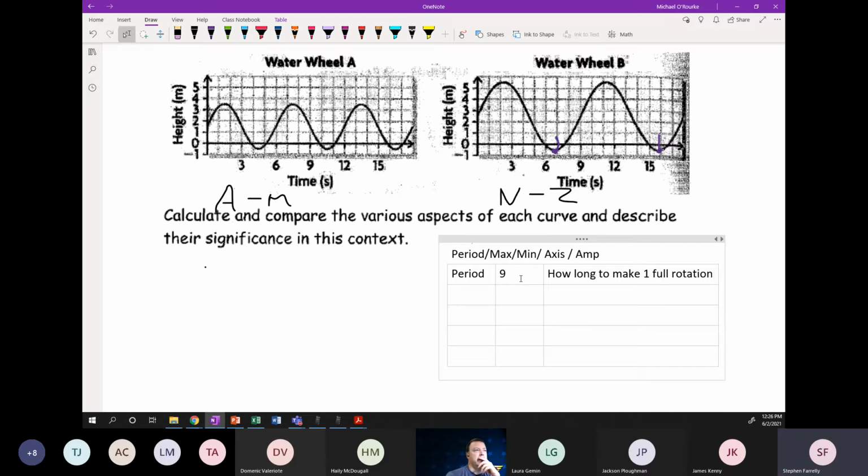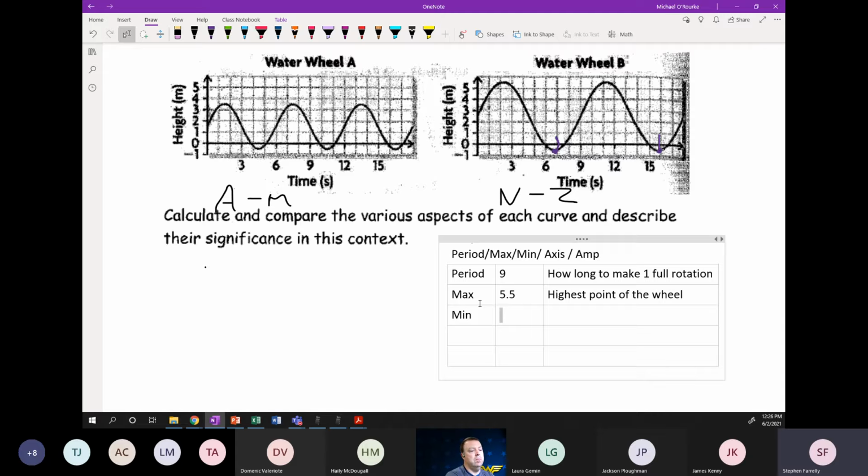Okay. Perfect. Like, what's our max? Our max should be 5.5. Good. And what would that mean? That would mean that's the highest point the wheel would go. Most likely above water. Good. And what's your min?